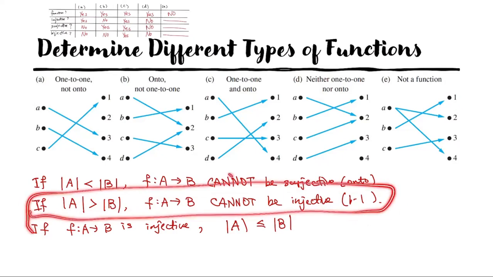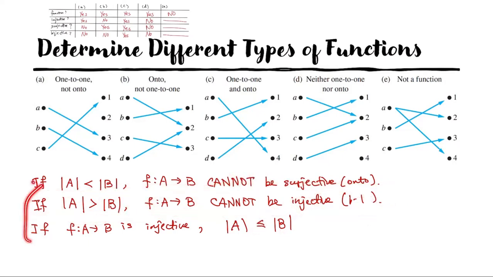If you take the not Q here, you have that f of x cannot be injective. So if we negate that, your f of x will be injective if, and we negate this, your A cannot be greater than B, so it will be less than or equal to B.